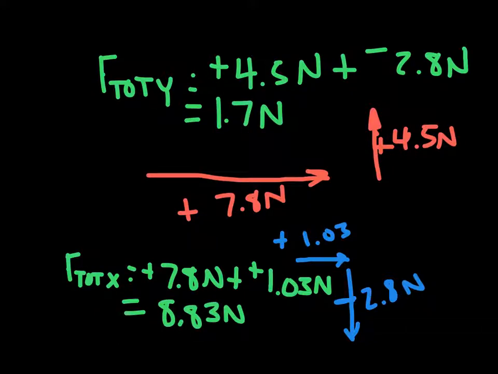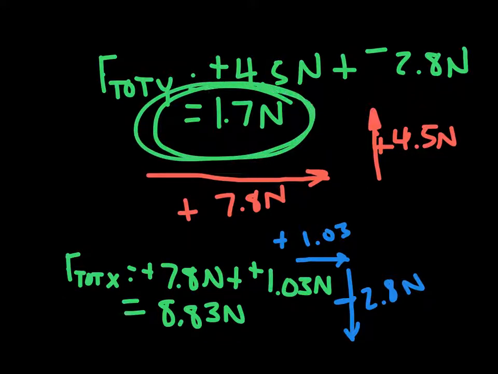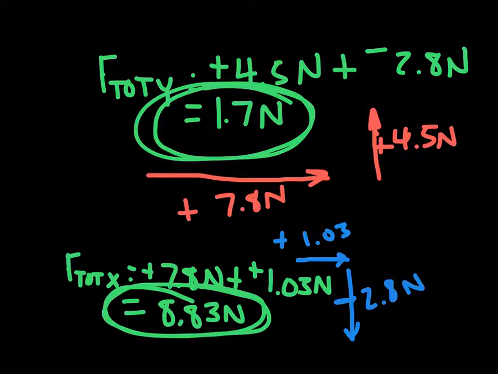So our resultant answer is going to be 1.7 newtons in the y direction and 8.83 newtons in the x direction, positive x direction. So let's redraw those vectors. We have 1.7 newtons in the y direction.